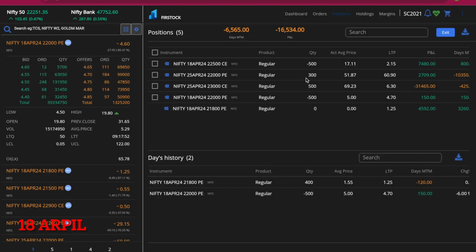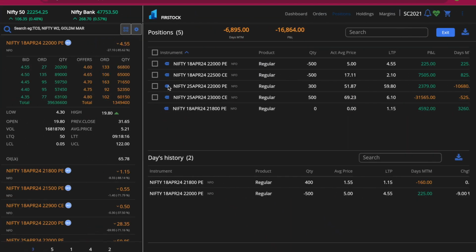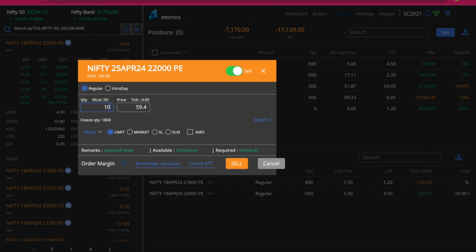Okay, let it go. On the CE side we have this 22,500, which is decent, and on the PE side we will just change this. Okay, PE and CE are sorted for 18th April, but this PE is now falling. 22,000 PE is now falling, and the market is showing slightly positive signs. Can we exit this for 100 quantity?